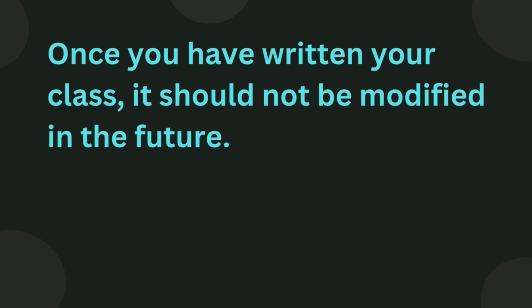However, this doesn't mean you cannot modify your class during early development stages. It means that once your application or software is in production and you want to introduce new functionality, you should extend that class rather than modifying it, because you do not want to mess with code that is tested and working 100% fine.